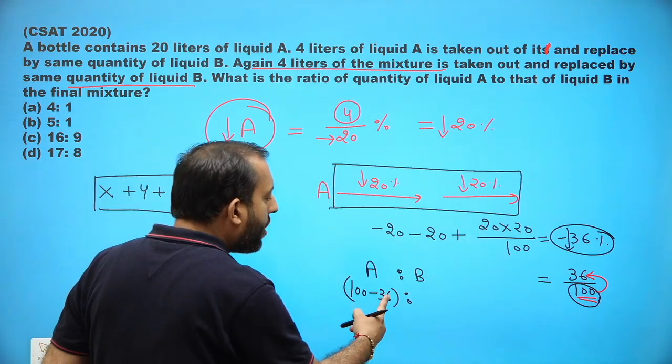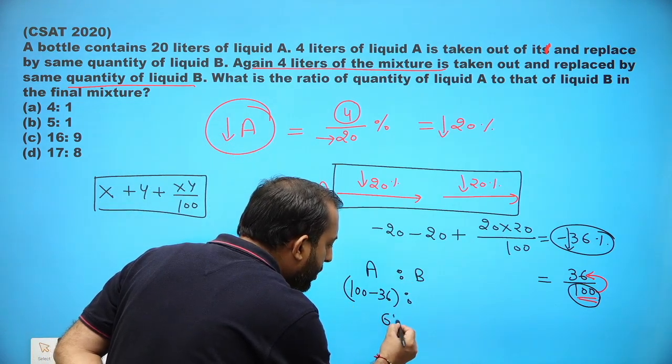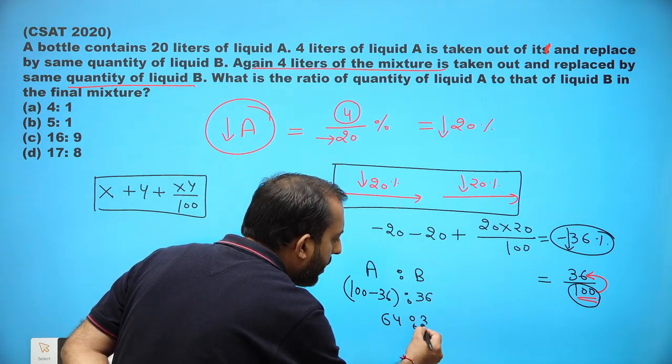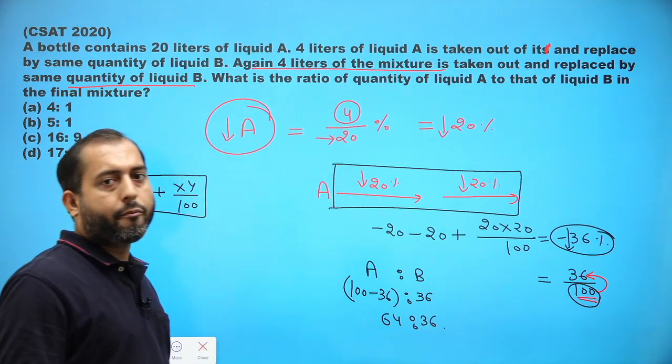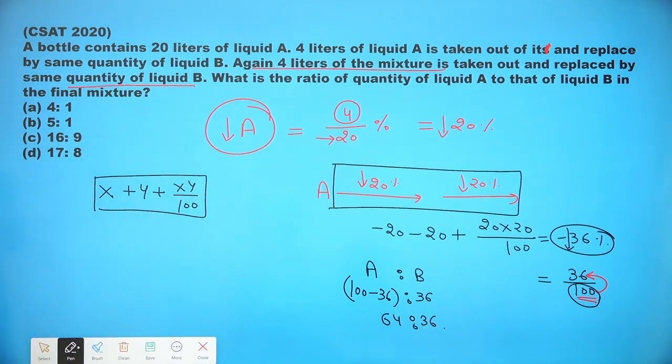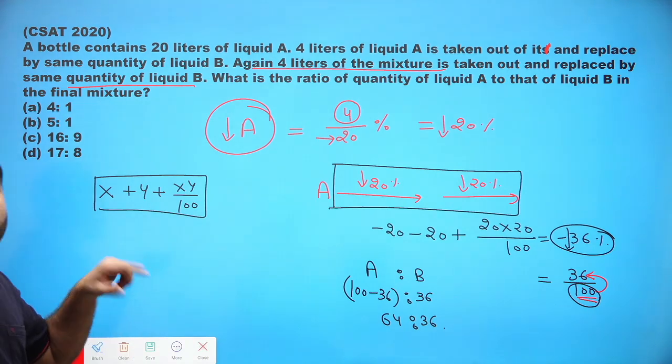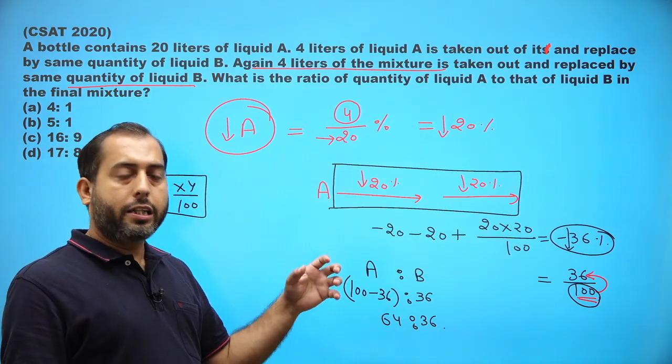So out of 100, 36 got decreased. It is 64. So the remaining liquid should be 36 only, because the remaining part was liquid B, so liquid B should be 36 only.